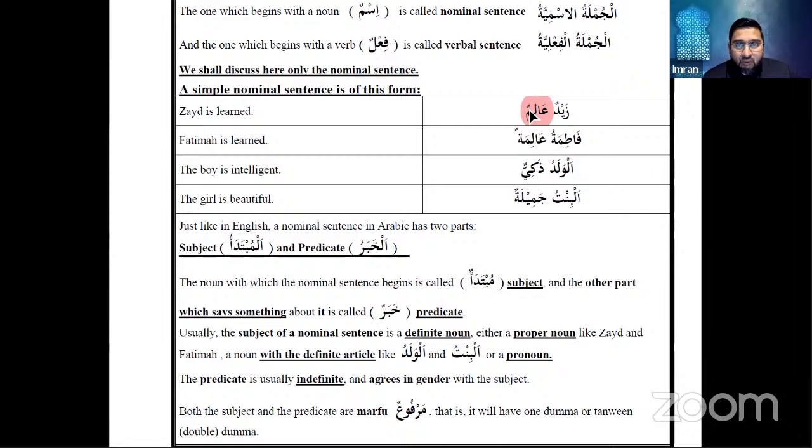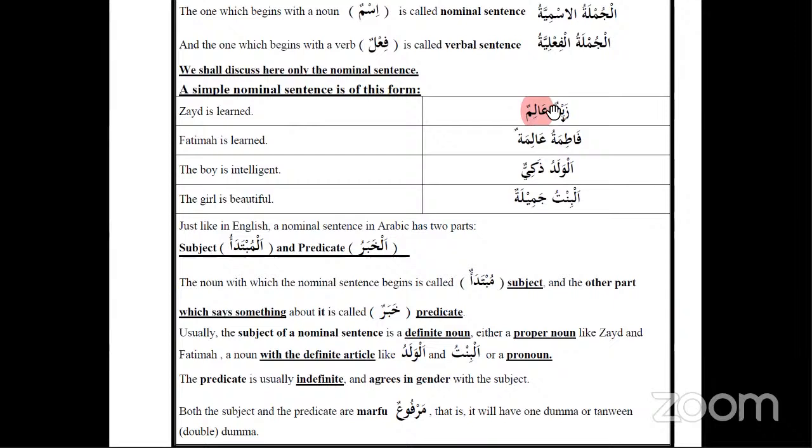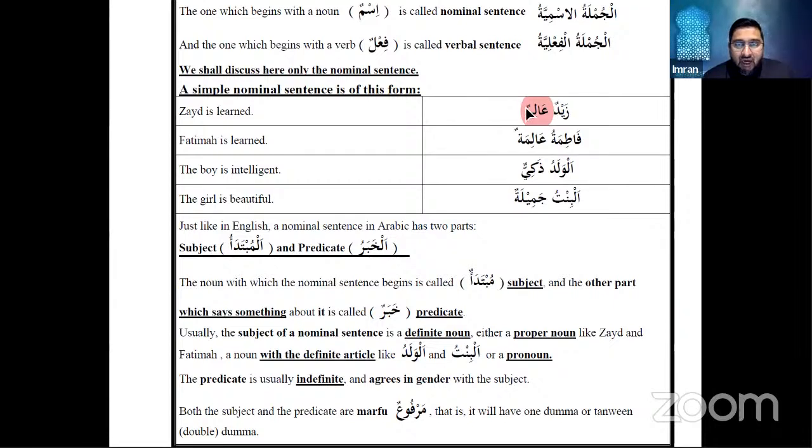So this dhamma tanween denotes a relationship between alimun and Zayd, of "is". When we say Zaydun alimun, alimun is providing a description or a statement for Zayd.